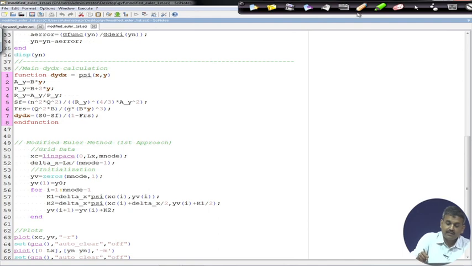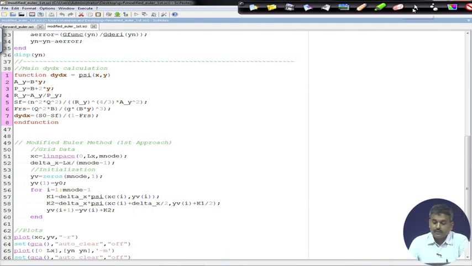The only change is in these internal steps. Now, we need to calculate this K1 with XI and YI, and K2 which is calculated at half, this del x by 2 and K1 by 2, and we need to add this K2 with YI, so that we can get the final plot.